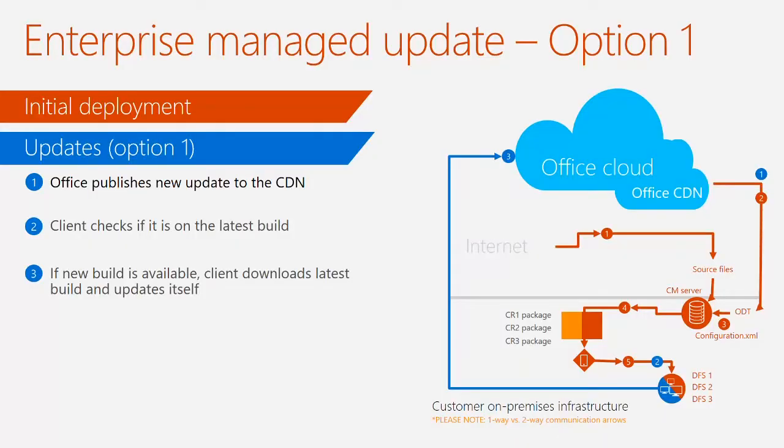Even if it's 5 minutes, it's still 5 minutes for somebody to go in there, download all the updates, or grab the downloads and say, okay, target the machines. So what we're starting to see is people use what we call cloud-managed update scenarios. So install first, get the clients down there, and then point them to the cloud in order to do update management. So we publish something, and now you're just in that cloud managed scenario.